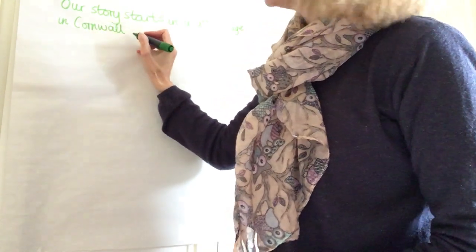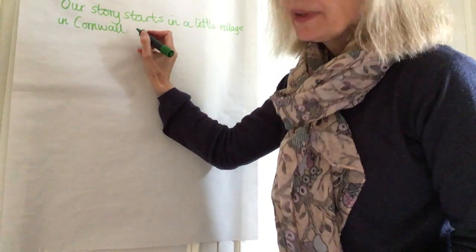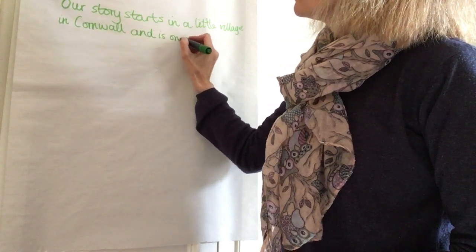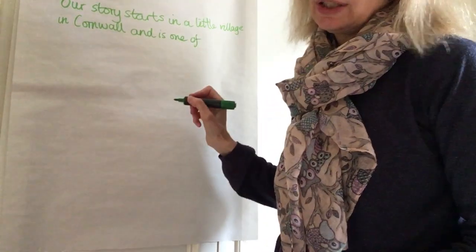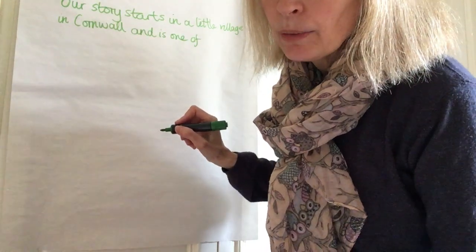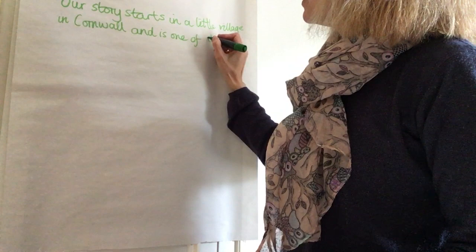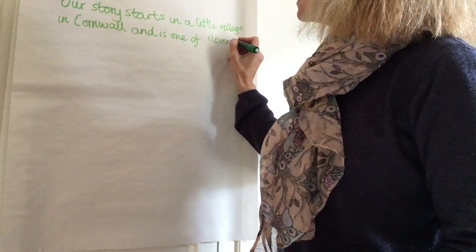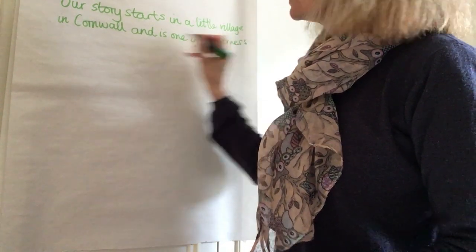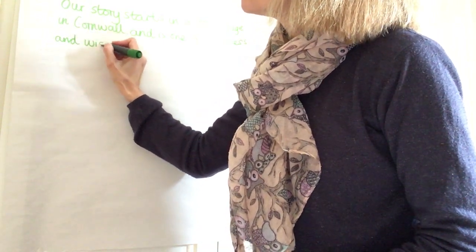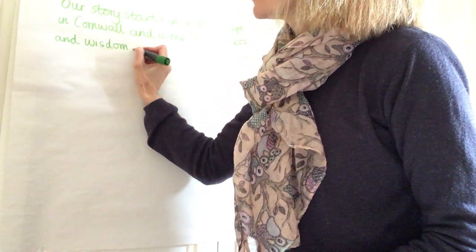Our story starts in a little village in Cornwall and is one of, and I'm going to change this now, instead of bravery and kindness, cleverness and wisdom. So that's the first bit changed.